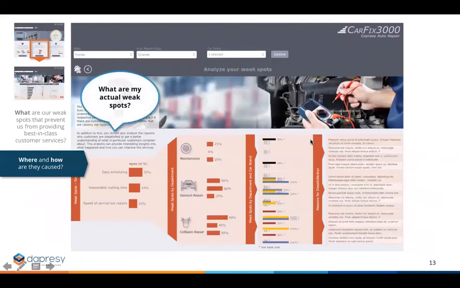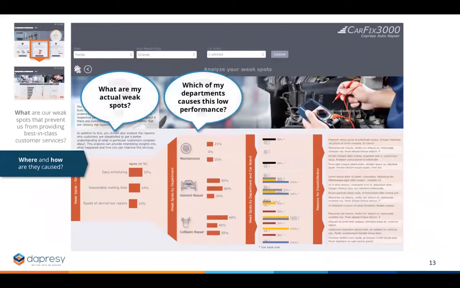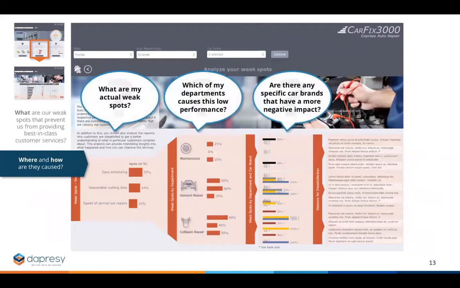So the core idea is, okay, what are my actual weak spots? Which of my departments causes this low performance? Are there any specific car brands that have a more negative impact than others? And last but not least, what do customers complain about in particular?